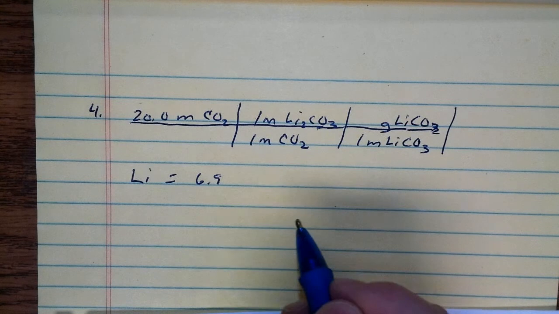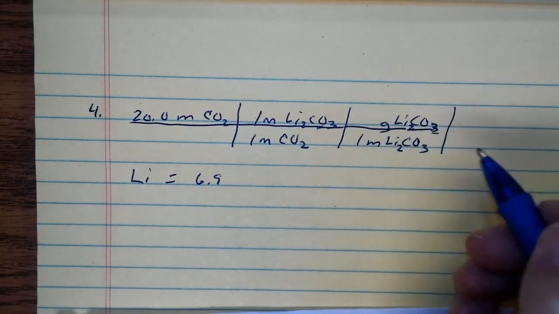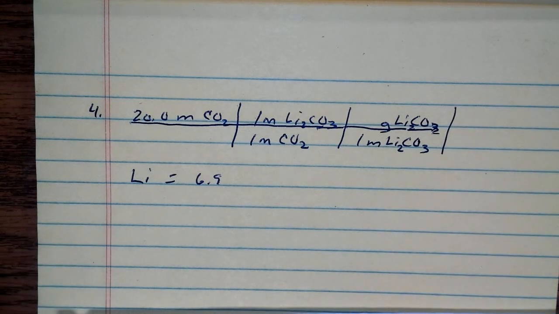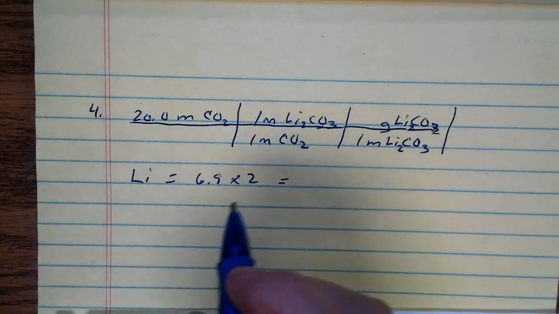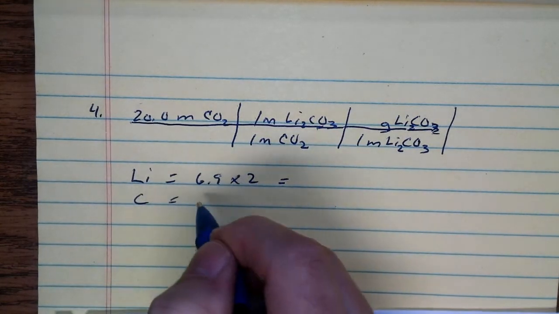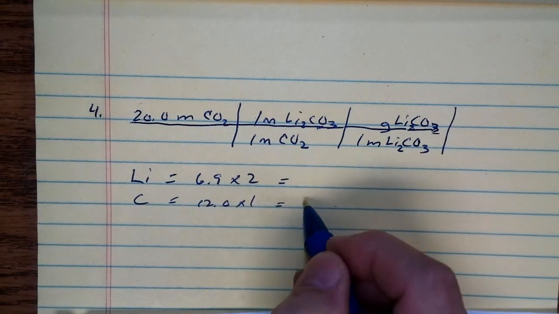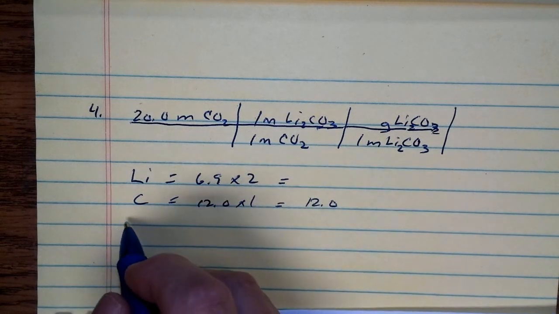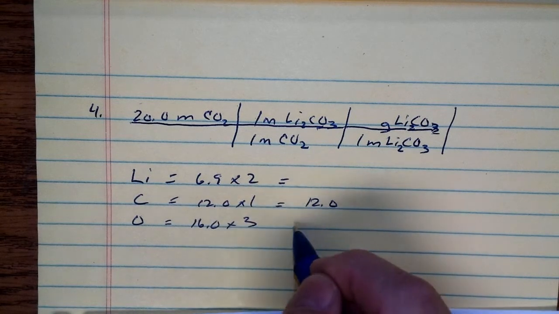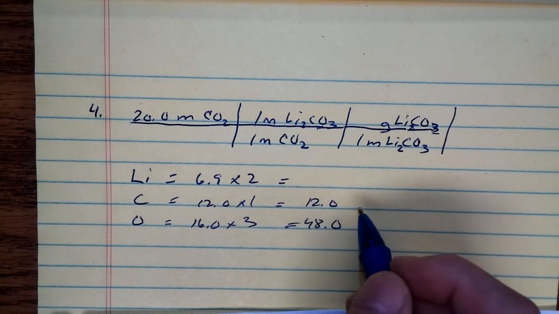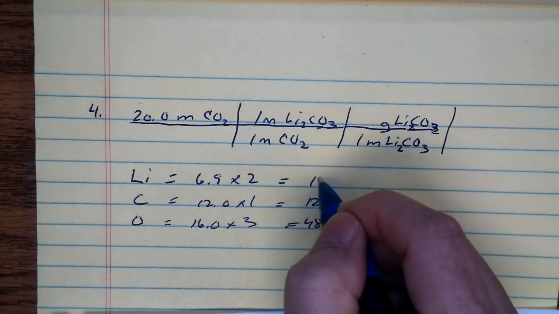And we don't have 1, we have a 2 here, so 6.9 times 2 is equal to 13.8. Carbon is equal to 12.0 times 1 is equal to 12.0, and oxygen is equal to 16.0 times 3 is equal to 48.0.